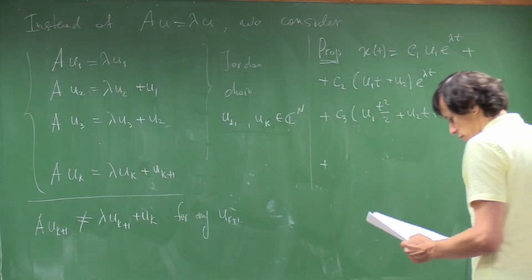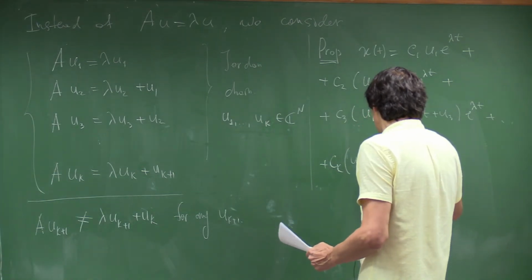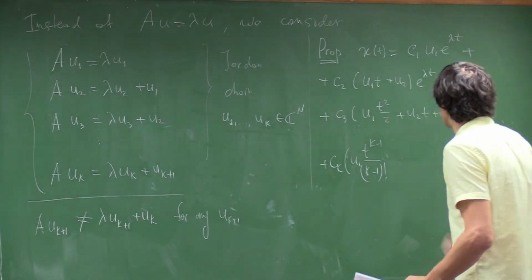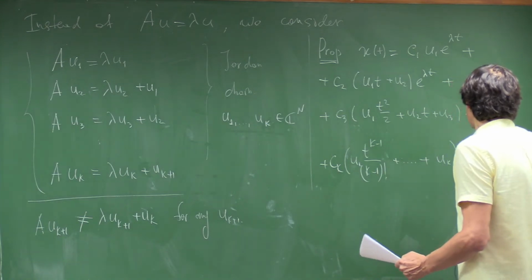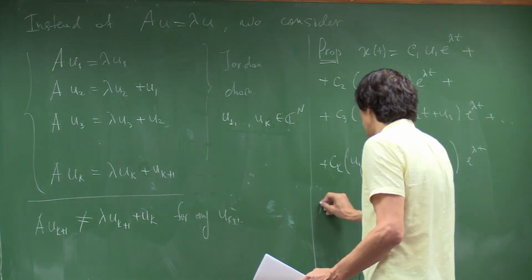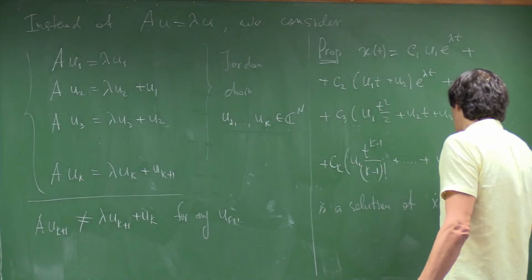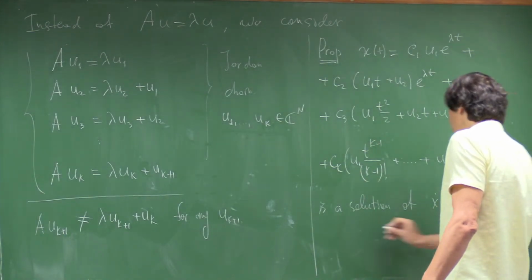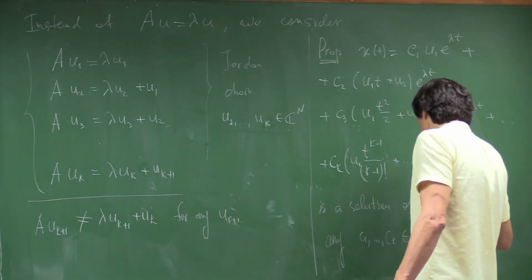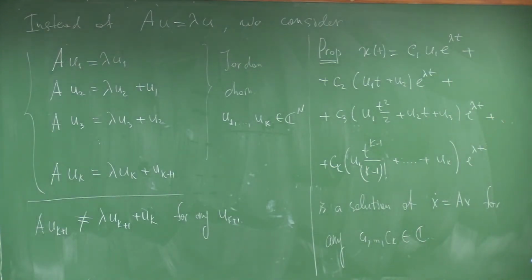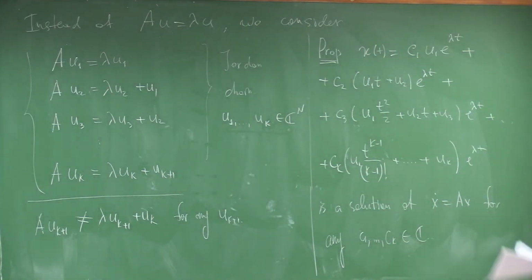And the last will be c k times (u1 t to the k minus 1 over k minus 1 factorial, and so on). This is a solution of our problem, x dot equals A x, for any coefficients. So with these vectors you can find many different solutions of the same problem.